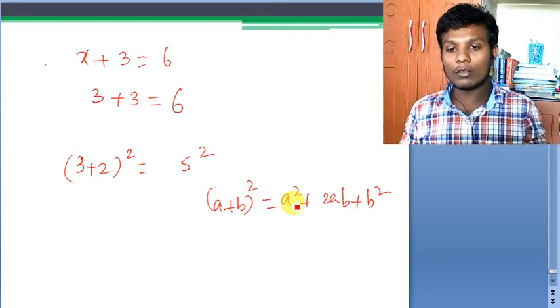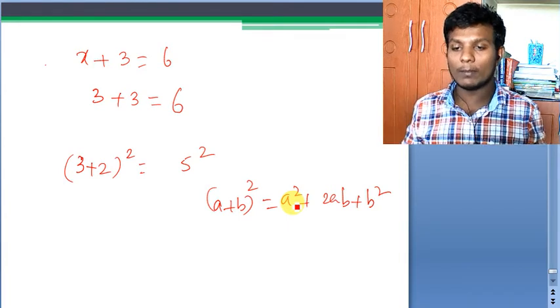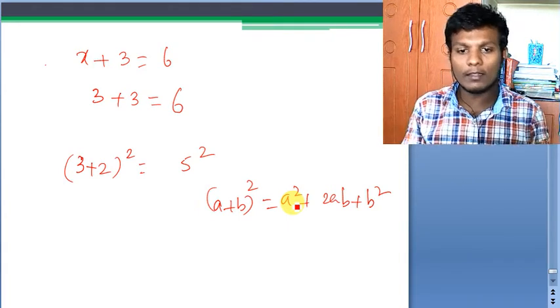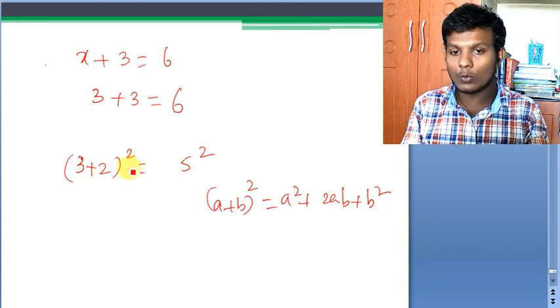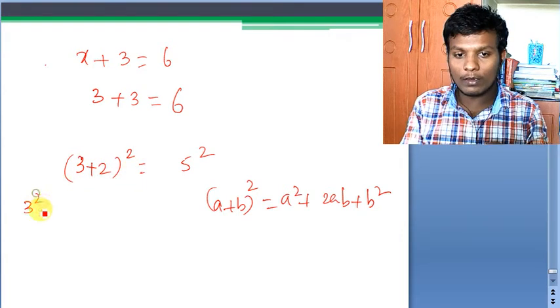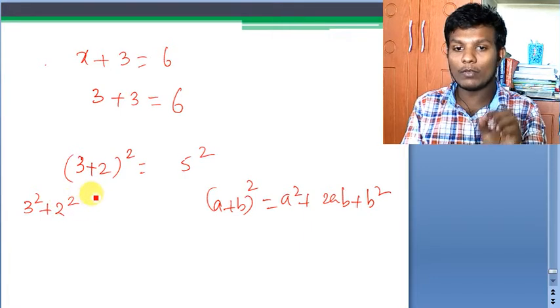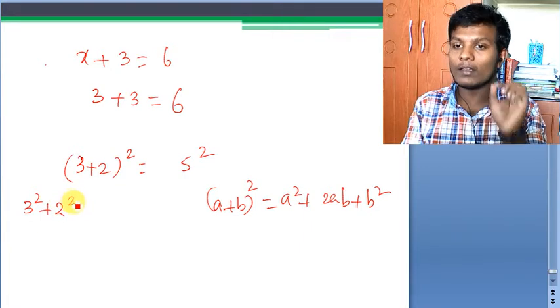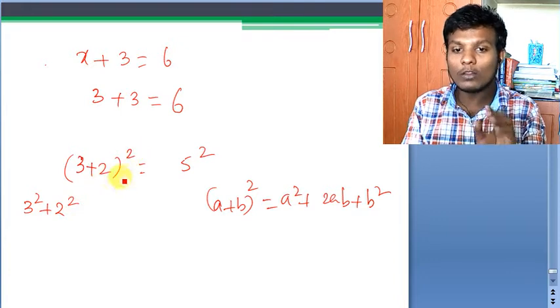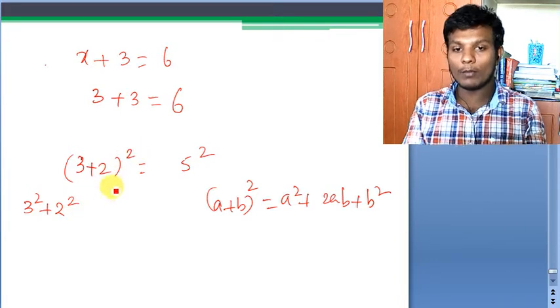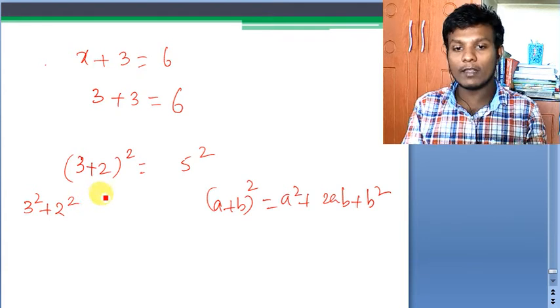A plus b whole square will be the same as a square plus 2ab plus b square. For example, in this case I have taken 3 plus 2 whole square. So 3 square for a square, plus, in place of b, 2 is there, 2 square. Some of you will write a plus b whole square as a square plus b square. That is not true. Whenever there is a whole square, we have to use the a plus b whole square formula. This is a common silly mistake that you commit.